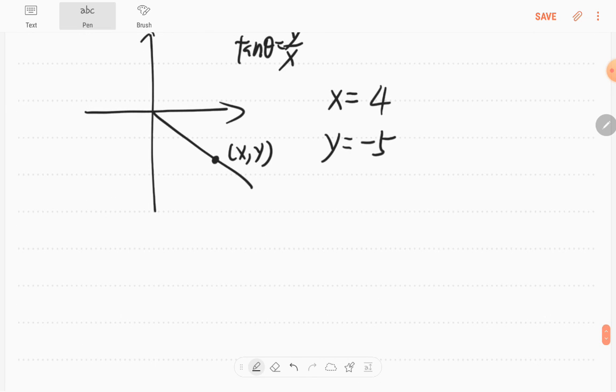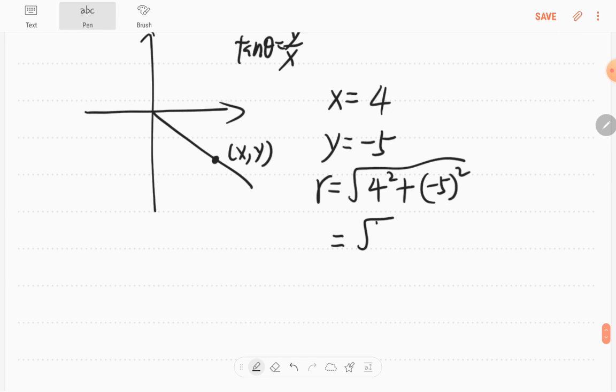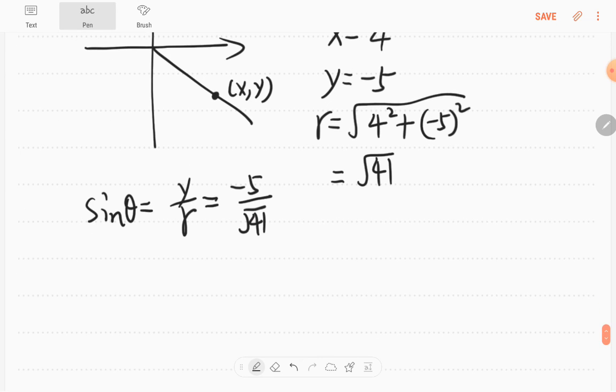Okay, so the distance from the origin to this point is the square root of 4 squared plus negative 5 squared, so it's equal to square root 41. So sine theta is y over r, which is negative 5 over square root 41, right?